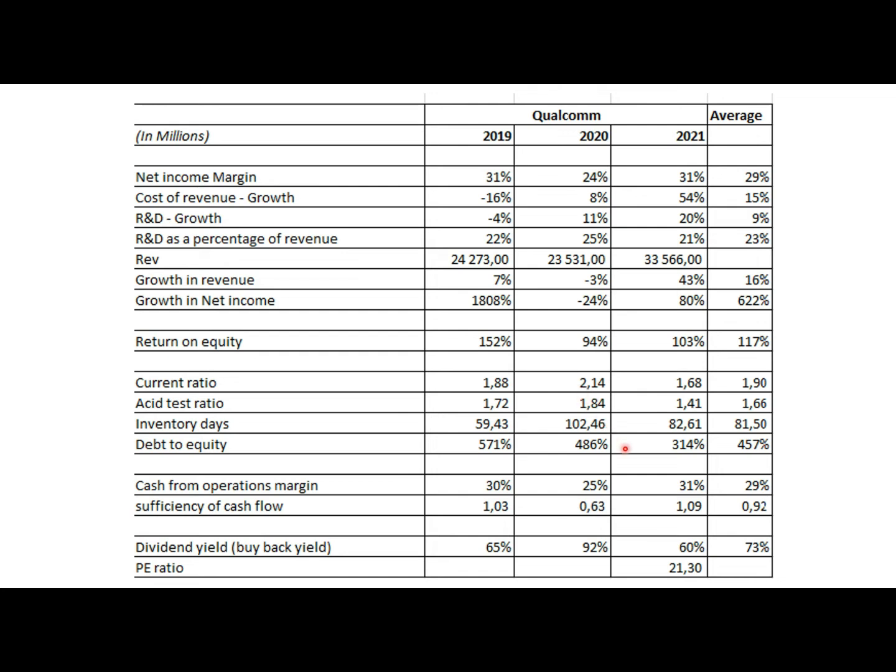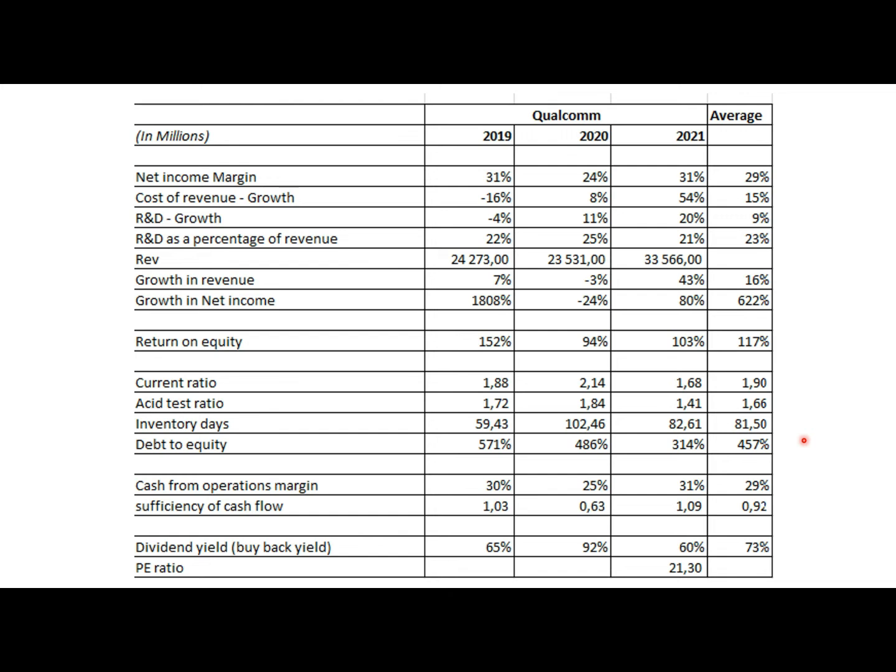There's also been a decrease, but there is a positive relationship: above industry debt to equity, above industry return on equity. But even though there is a productive relationship between debt and return on equity, the financial risk for me is just too high. That just adds a significant amount of financial risk on the balance sheet.